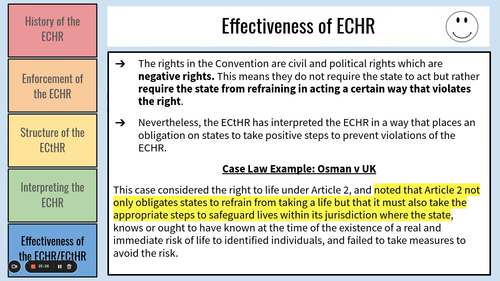So it's important that if there is a threat to life and this threat is known and this threat is real, that the public authority, whoever it may be, usually the police, should take steps to protect that life that is at risk.